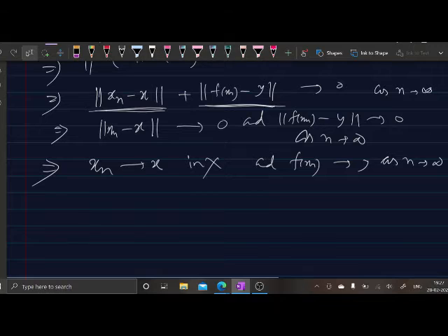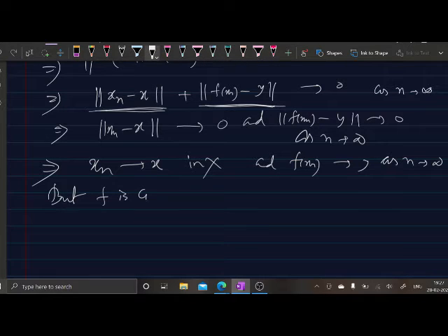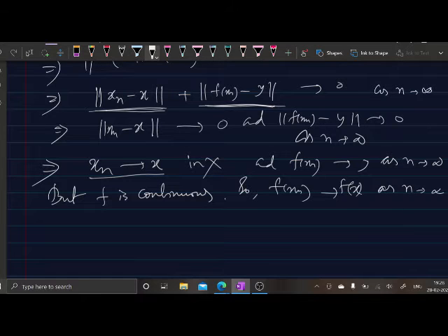Okay, but you have assumed that f is continuous, right? And due to continuity, it will preserve the sequential convergence. So therefore, since x_n tends to x, f(x_n) will be tending to f(x) as n tends to infinity.